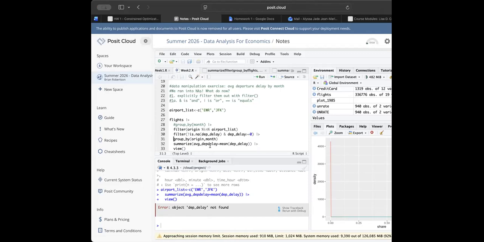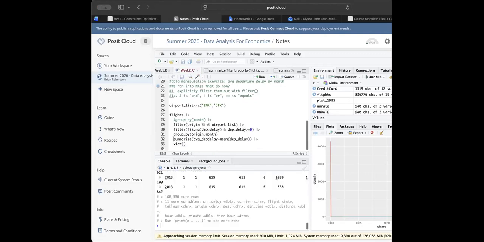Filter origin in airport. Good. Group by origin, month. Yes. Average, mean departure delay. It said object departure delay not found. Oh, I see where you made a mistake. Go to line 29. What do you see at the end? Missing a pipe. There you go. Bingo bango. Thank you. No problem.